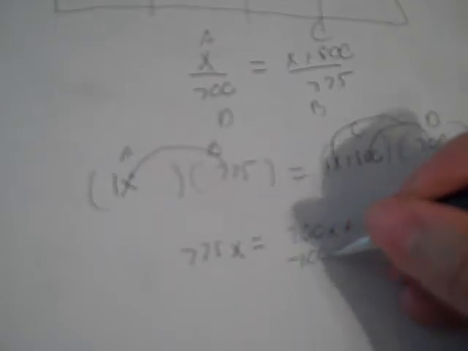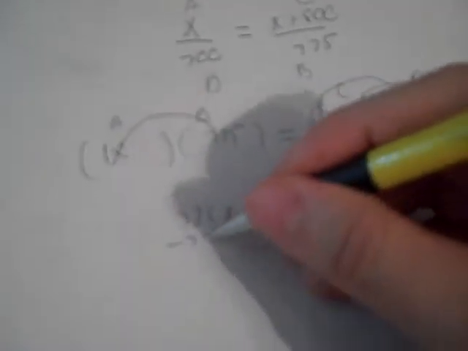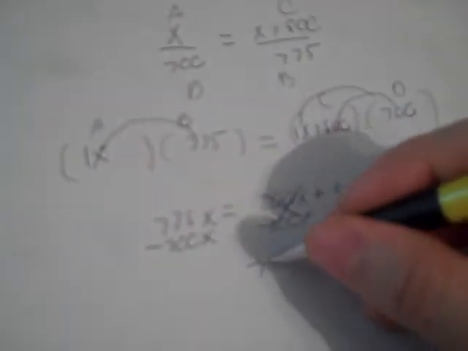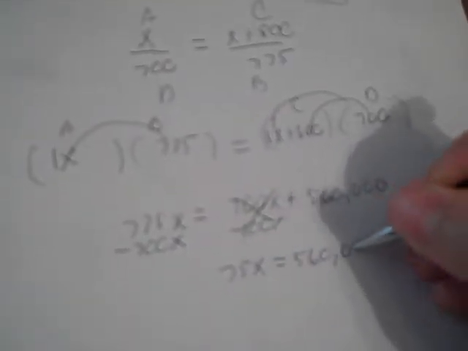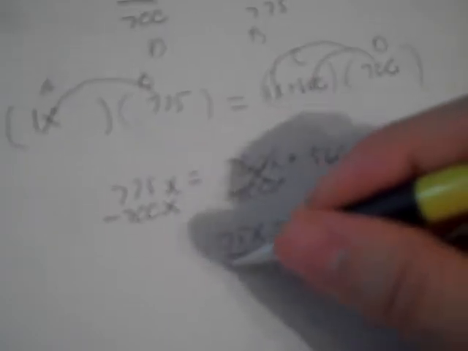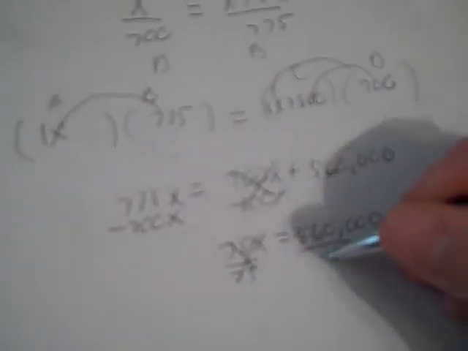700 times 800 is 560,000. So subtract 700x from both sides, and I get 75x equals 560,000. Divide by 75 on both sides.